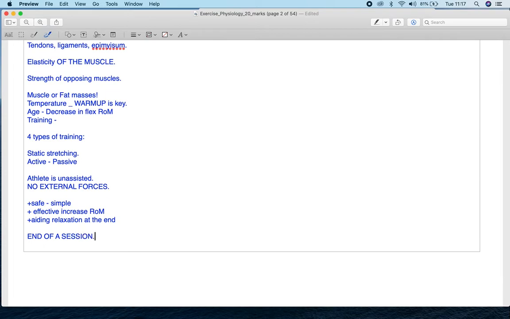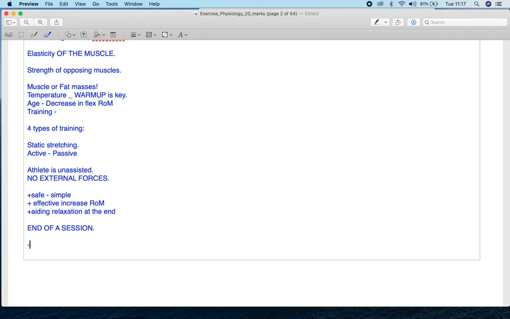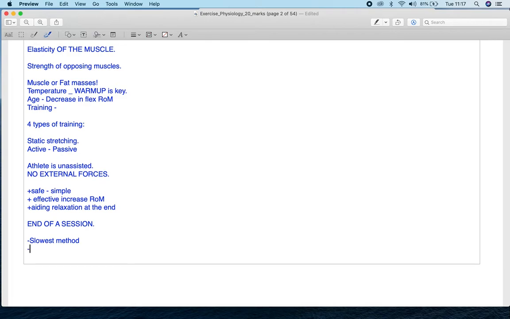Okay, so static stretching at the beginning of those sessions, perhaps not as useful as it would be at the end of a session. A couple of negatives, because remember we're critically evaluating: it is one of the slowest methods of actually developing flexibility. But also, if we did it before, it's failing to prepare muscles for dynamic movements.